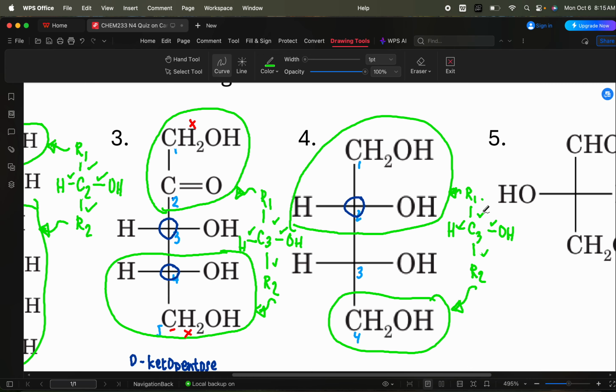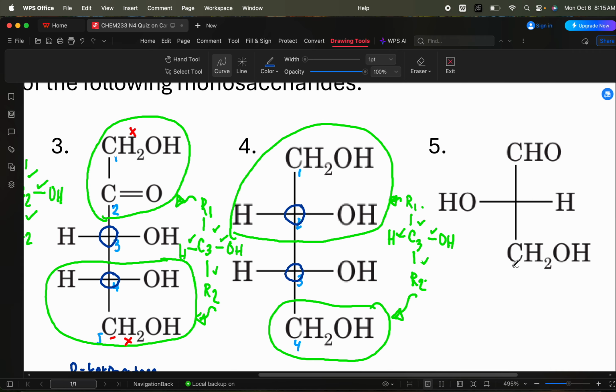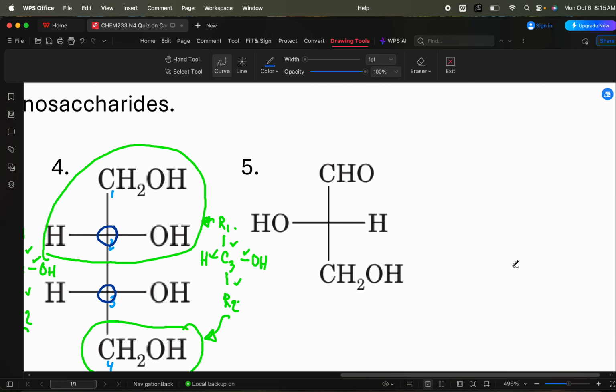So R1 is unique from R2, therefore carbon number 3 is also a stereocenter. Last but not the least, we have number 5. Here we have 3 carbons, and this is at the left, so this is L. Then we have an aldehyde group at the top. This is an aldotriose.